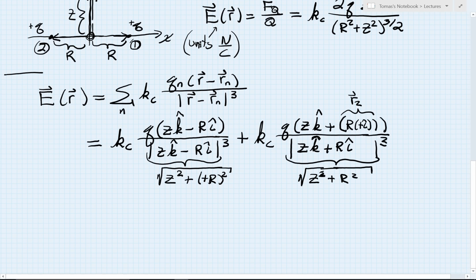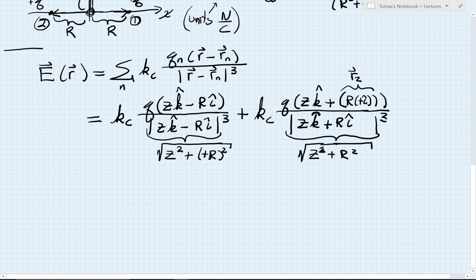So what we would do when we have common factors is to factor them out, to use the distributive property backwards. So in the numerator, I've got Coulomb's constant times q, and in the denominator of both terms, I've got root z squared plus r squared. Oh, let's get this to the 3/2 power now, right? In both cases I have this square root, but it ends up being cubed.